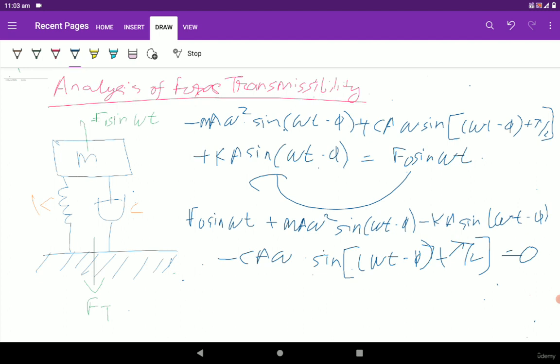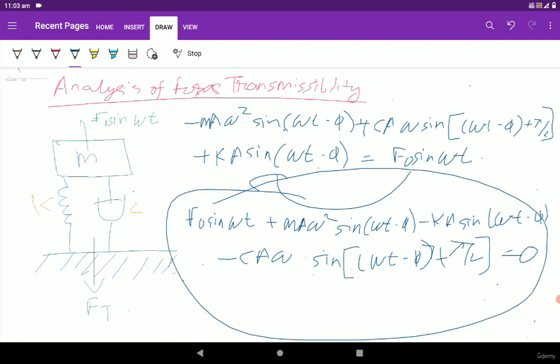So this is the simplified form for this whole thing.